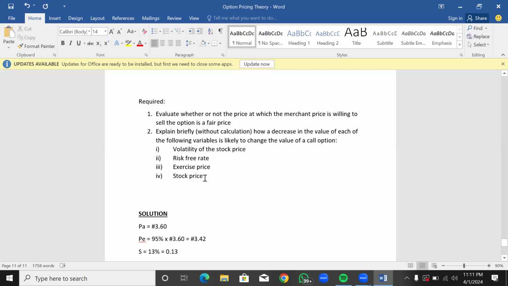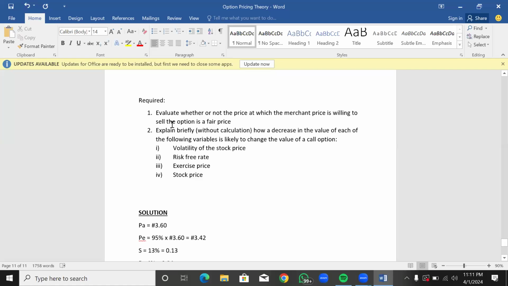Put option is an option to sell. Call option is an option to buy. So if you hear option to sell, you are definitely calculating a put option.